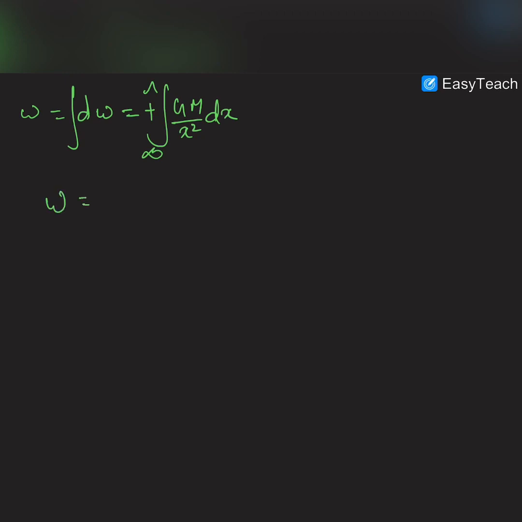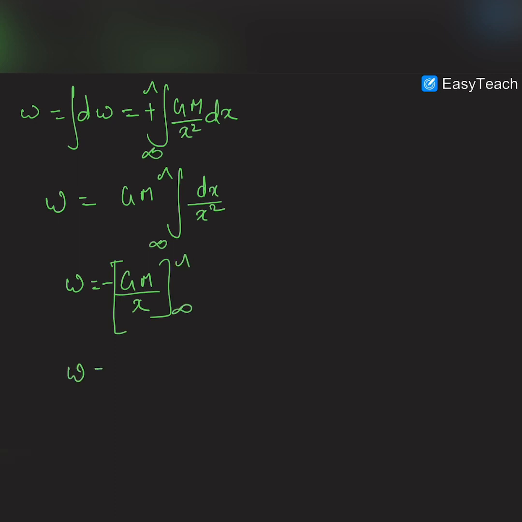So this work done would be equal to GM integration dx upon x square, and the limit would be from infinity to r, and the integration of 1 upon x square is minus 1 upon x, and the limit would be from infinity to r.